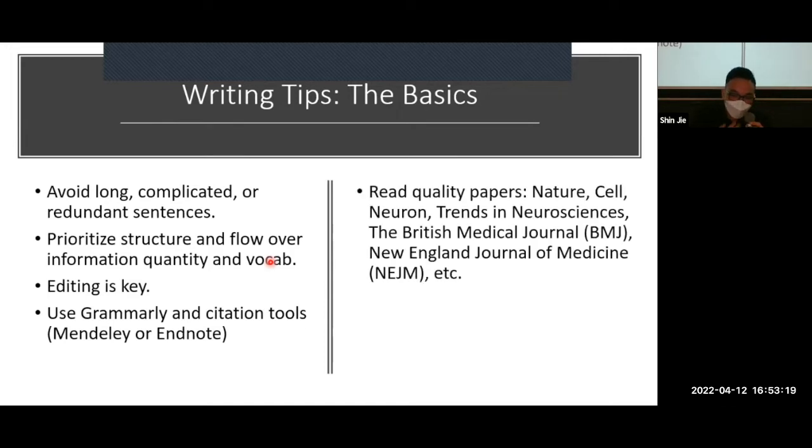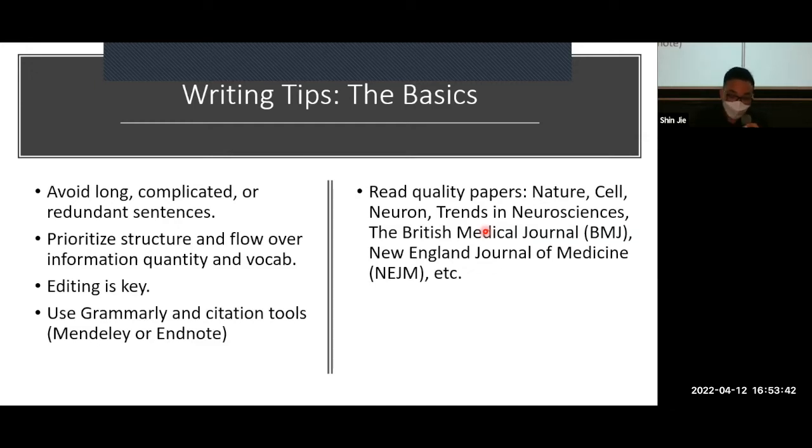And yeah, read quality papers. Papers published in these kinds of journals have brilliant English, they have brilliant writing. So read some of them. I will show some of the papers I've read, but read quality papers, try to reverse engineer their writing and copy a bit maybe, but don't plagiarize, just copy the style if you want to mix and match to make it your own writing style.